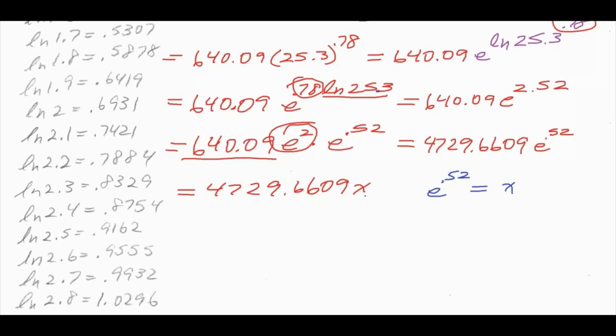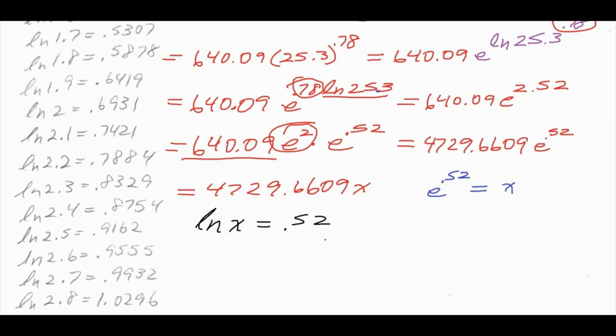But what I'm going to do right now is rewrite this as, and again, I'm assuming you know the log properties, this is the same thing as saying natural log of x equals 0.52. And if we know this, we have our answer. We just put it here, multiply, and we have our original number we were after.